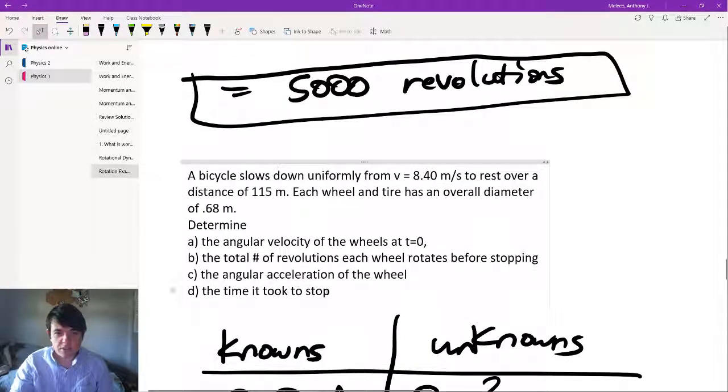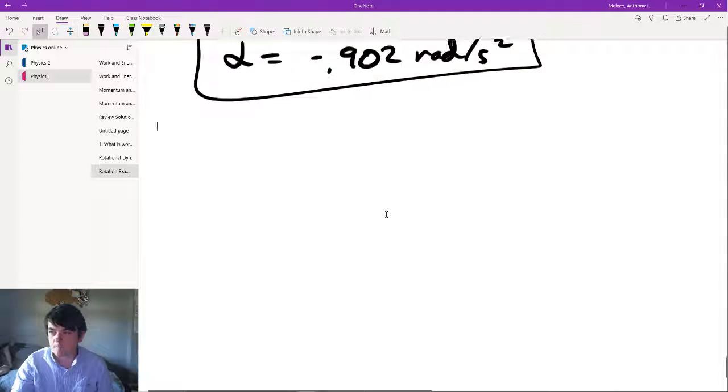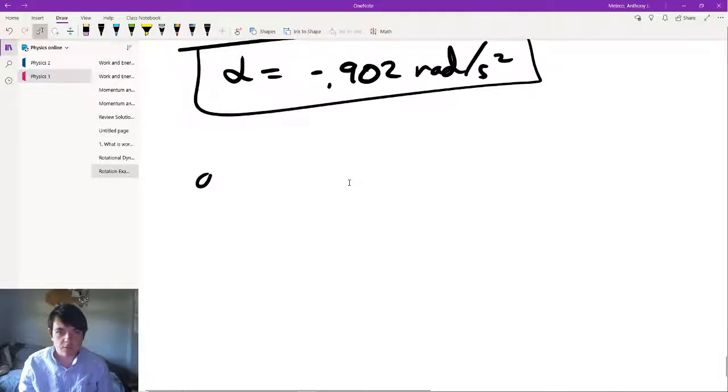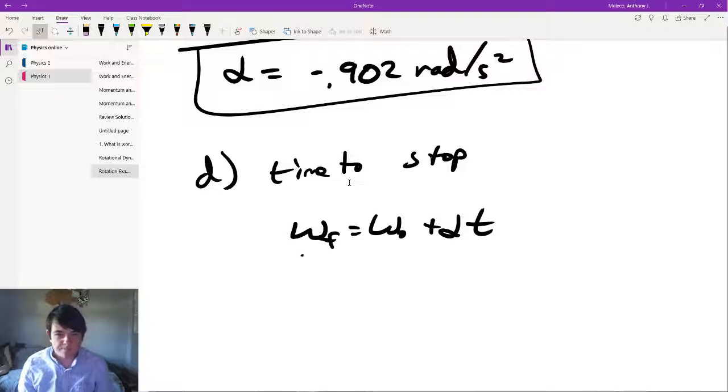And the last thing we need is the time it took to stop. There's a lot that we can use for that. I'm just going to use part D, time. I'm just going to use the change in omega formula. There's other ones we can use, but this is one of the simplest ones, because omega goes to 0.